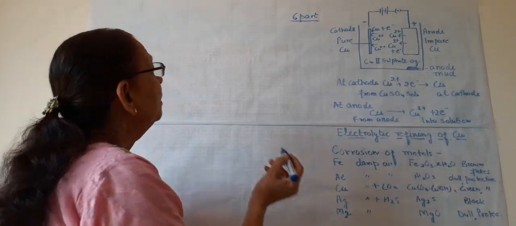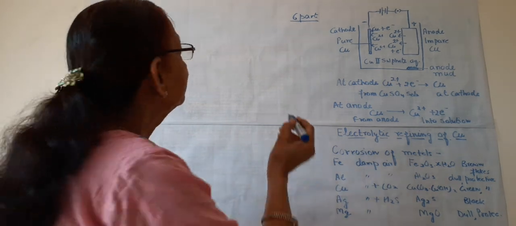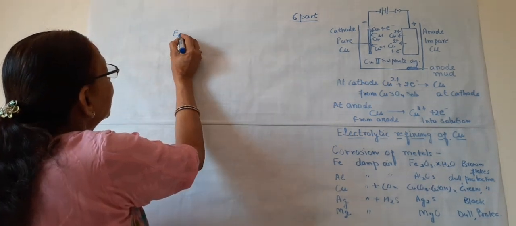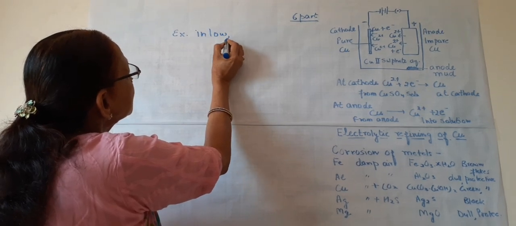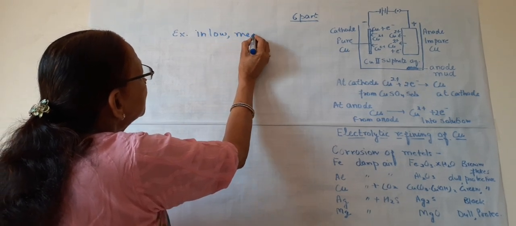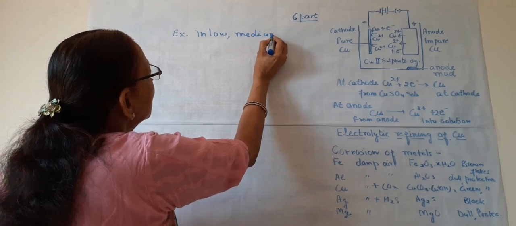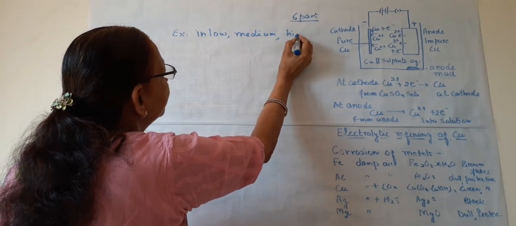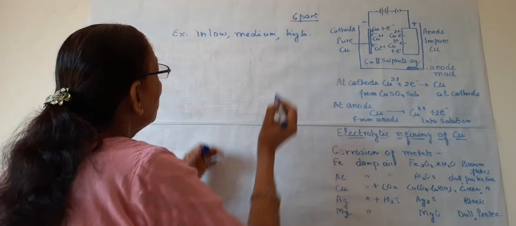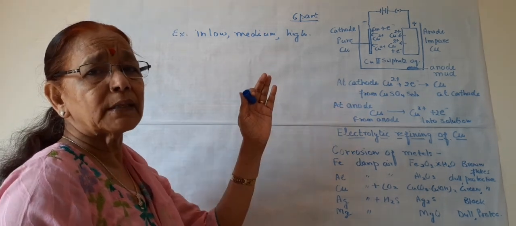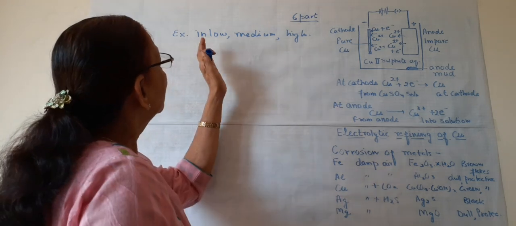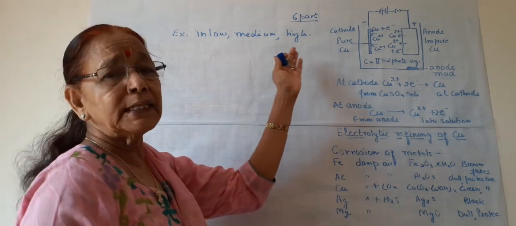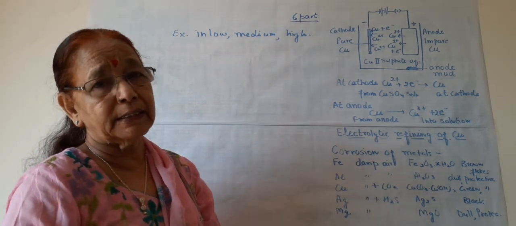So first of all, we have done extraction of metals in the low reactivity series, medium reactivity series and high reactivity series. Different processes are adopted and metals are extracted in these three different categories.